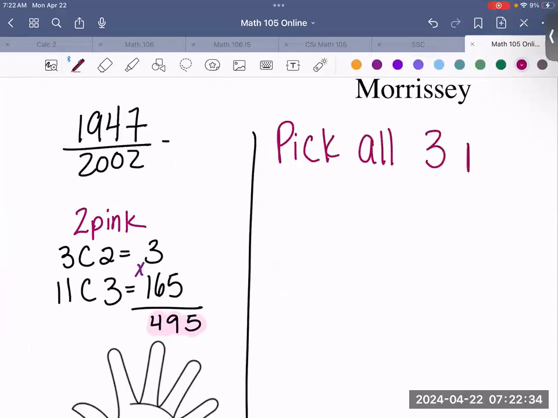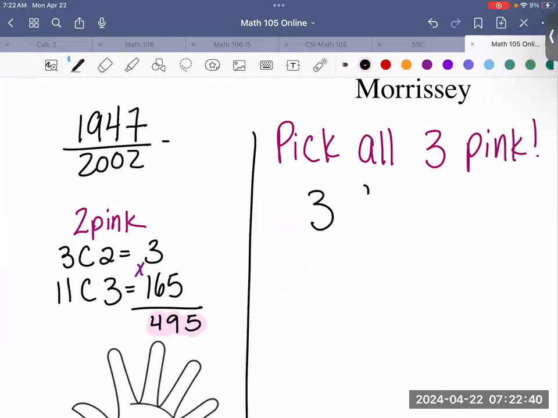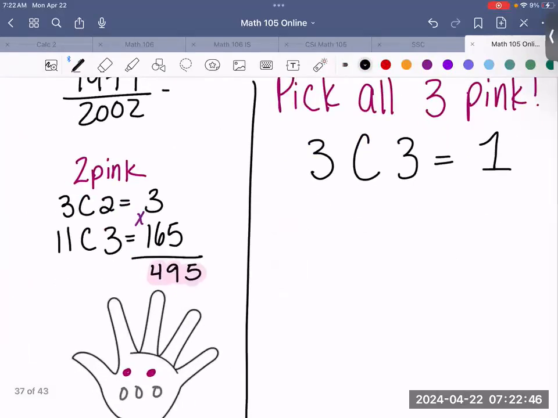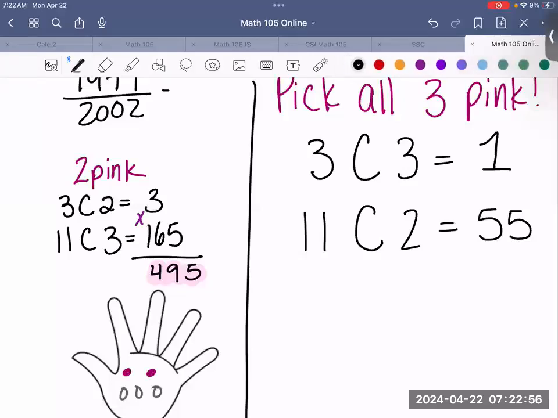So what if we selected, can we pick all 3 pink? So of the 3 pink, we're going to choose all 3. Now, because we need more marbles of the now 11 remaining in the bag, we just need 2 more, 55. And because we're required to go back and get more marbles, right, we have to multiply.